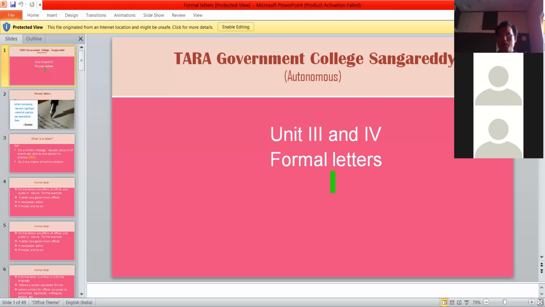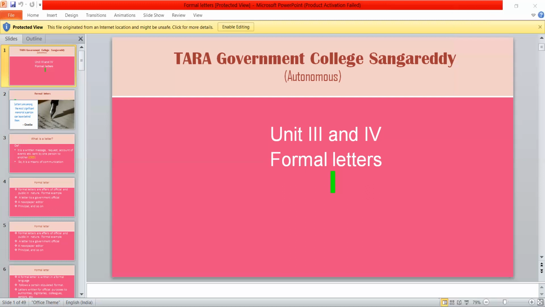Okay. We have the idea of formal and informal very clearly. Many times we discuss the words formal and informal. So let us work on the formal letters.